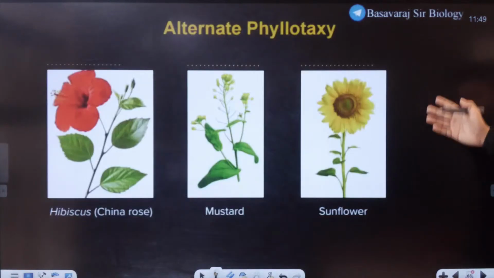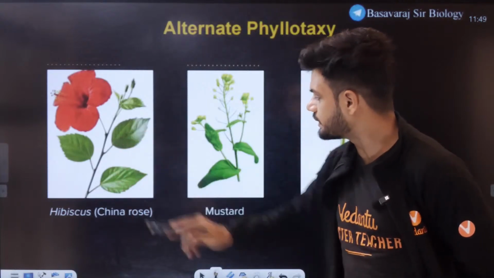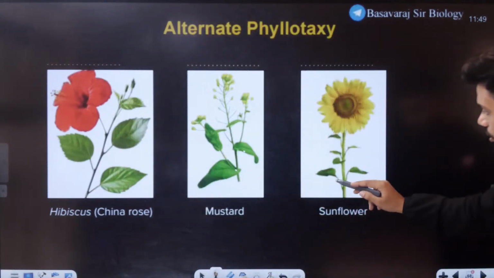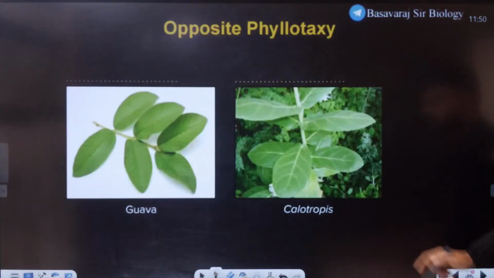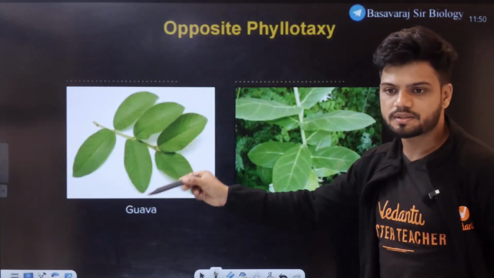This is alternate, hibiscus. Can you see here? Alternate. This is your opposite. Can you see, guava? It is opposite. Students, you should not limit your botany knowledge to your textbook, NCERT, or your notes, or this lecture.